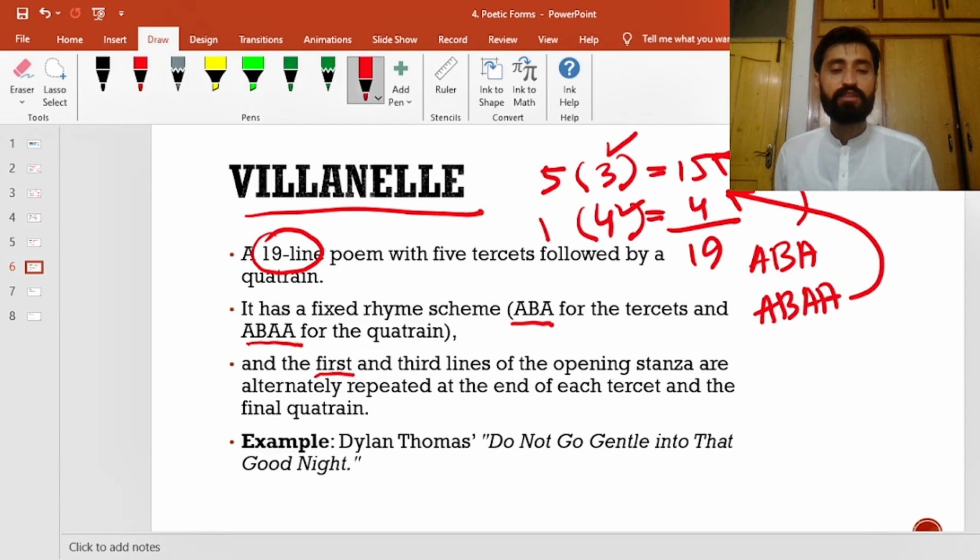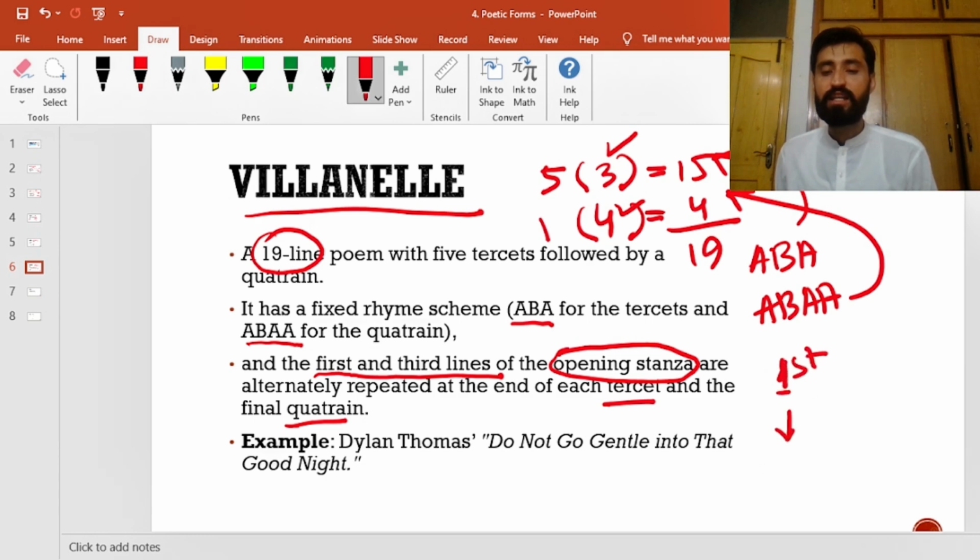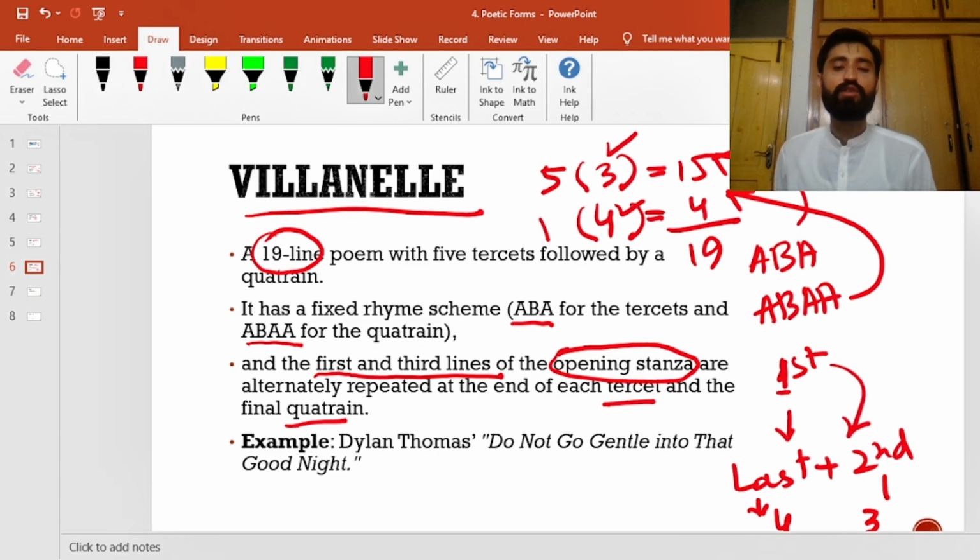So we can say that the first stanza is highly related to the last plus the second last. The last one is a quatrain, a 4-line stanza, and the second last is a tercet, so they have a deeper connection with each other.